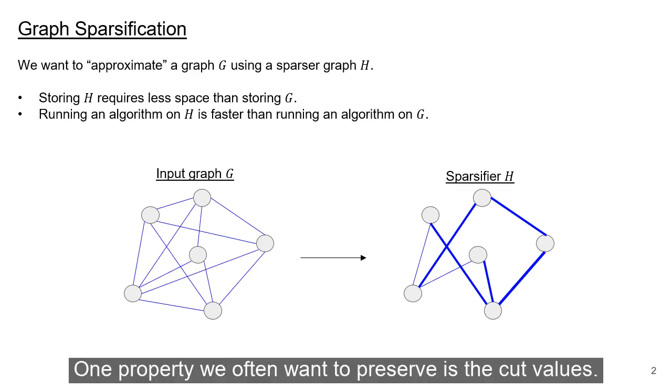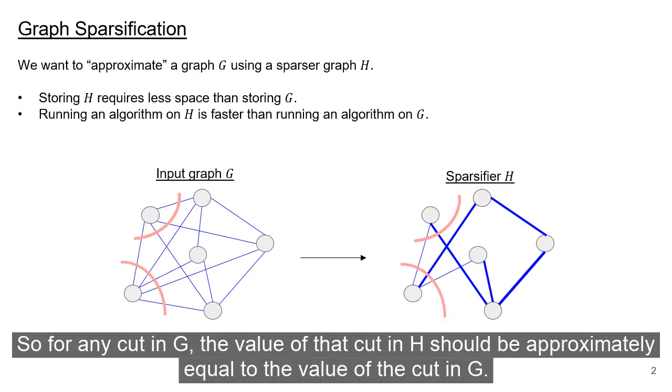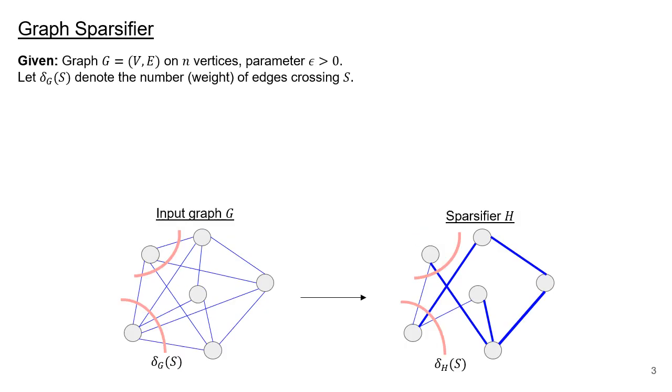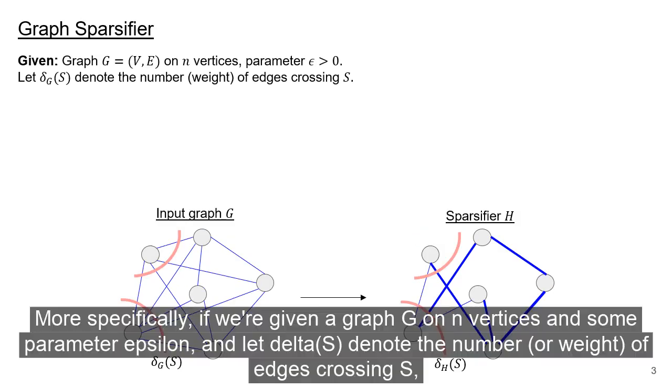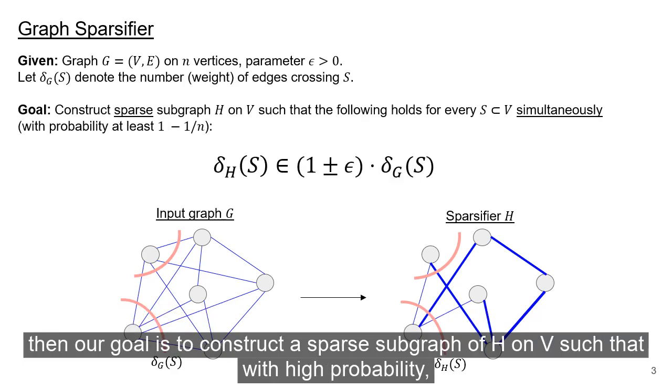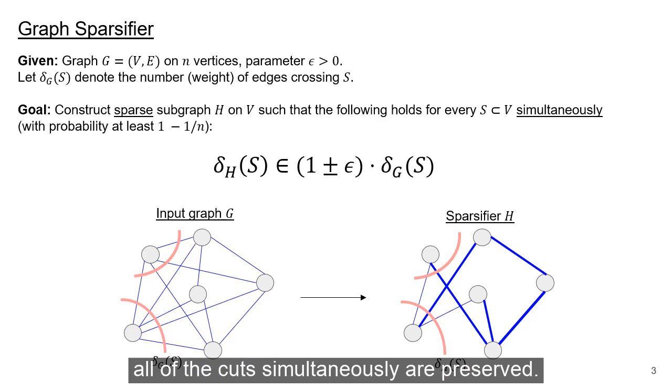One property we often want to preserve is the cut values. So for any cut in G, the value of that cut in H should be approximately equal to the value of the cut in G. More specifically, if we're given a graph G on n vertices and some parameter epsilon, and let delta S denote the number or weight of edges crossing S, then our goal is to construct a sparse subgraph H on V such that, with high probability, all of the cuts simultaneously are preserved.